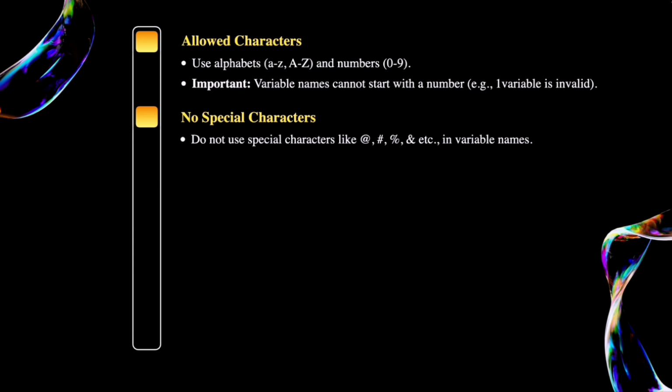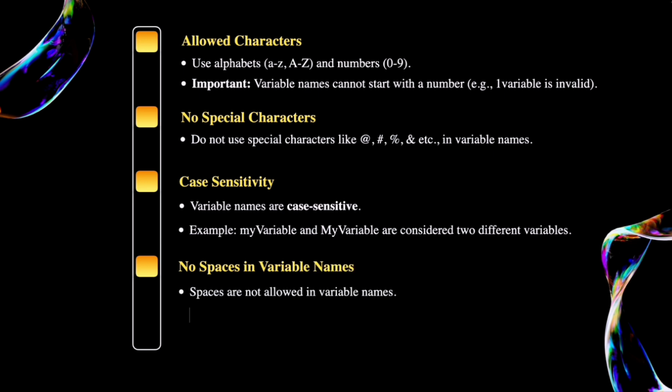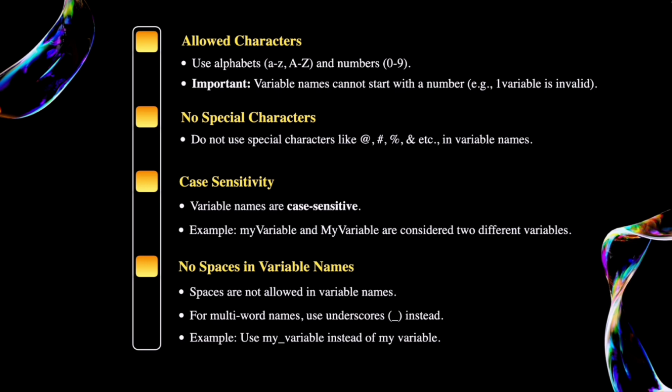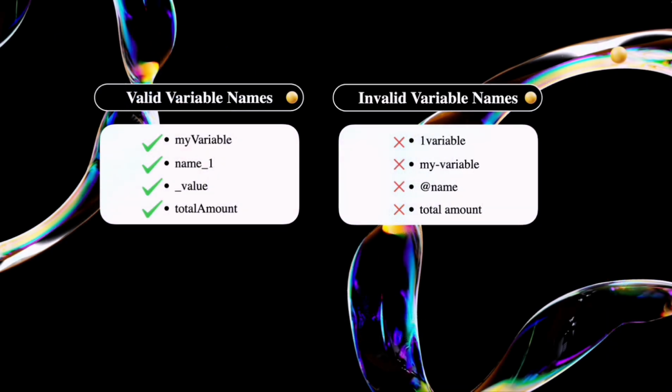Rule number 3: variable names are case sensitive. This means myVariable and MyVariable are considered different variables. Rule number 4: spaces are not allowed in variable names. If we want to use multiple words in a variable name, we use underscores. Example, my_variable. According to these rules, you will see valid and invalid variable names on the screen.